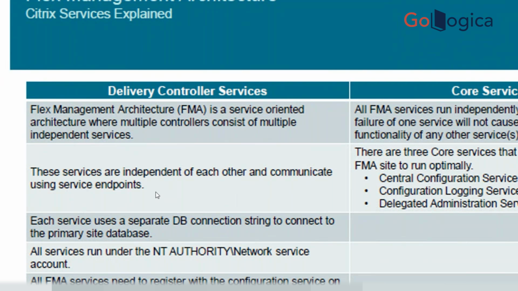Whenever you start one service, suppose you start Citrix Studio, it will have a separate database connection. Each and every service has a separate database connection string. All the services run under the NT AUTHORITY\NetworkService account, the network service account.